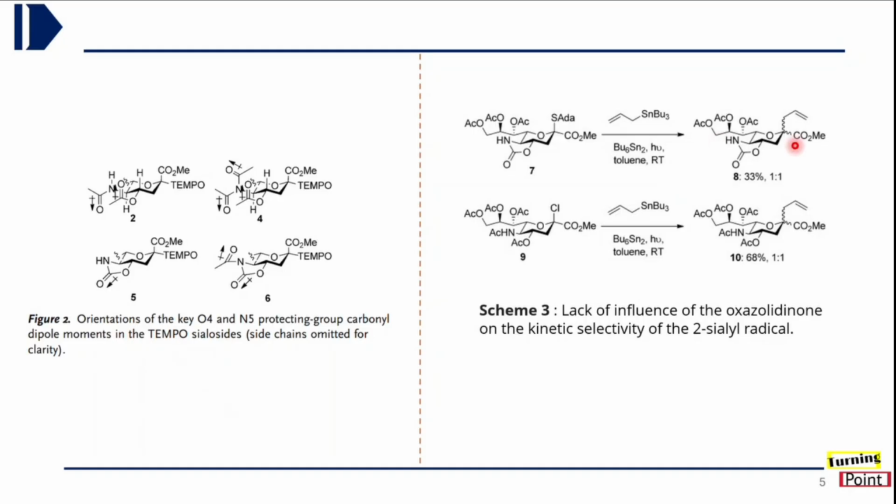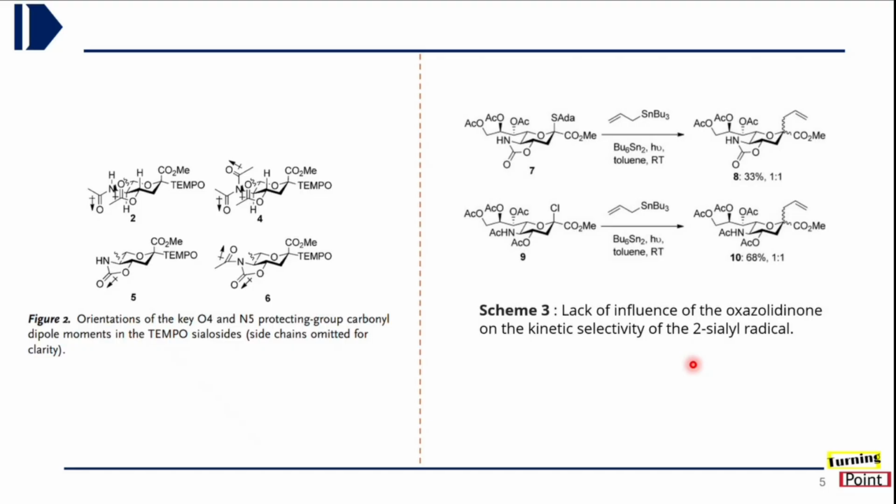What they are observing is that they are getting 1:1 products. In the case where they take a chloride donor, again 1:1 selectivity is there. So from this result it is shown that there is a lack of influence of this cyclic protecting group on the kinetic selectivity.